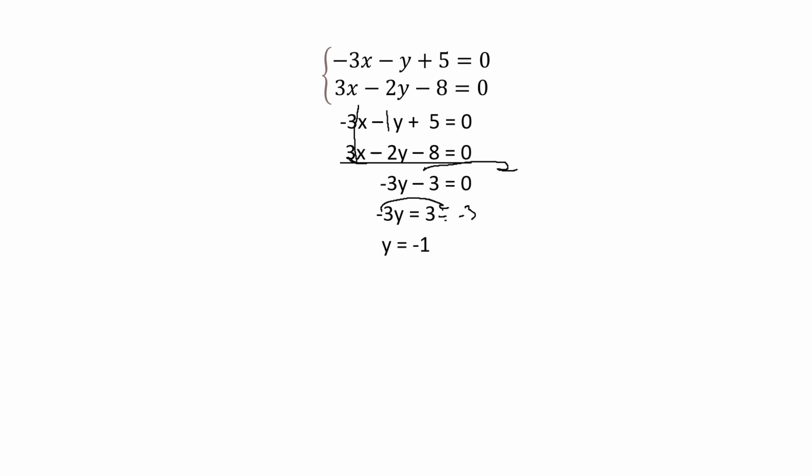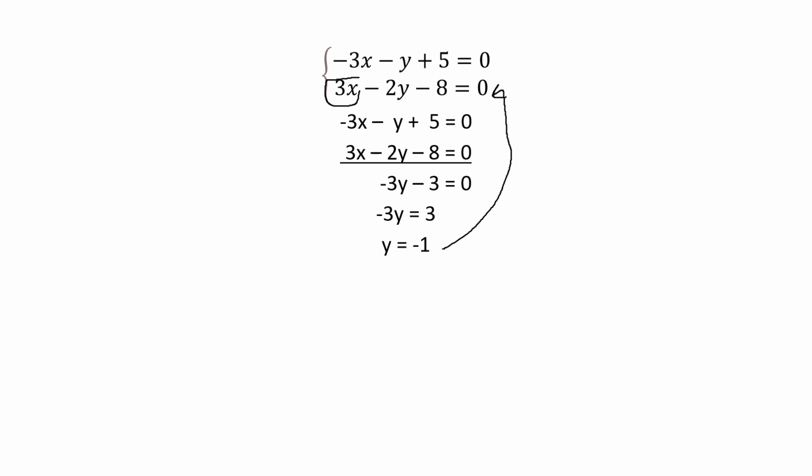Now I'm going to take that value and plug it into whichever equation I choose. I'm going to choose the bottom one because I have a positive value here for x, and I know I'm going to be solving for x. But you can plug it into either equation. When you solve it, you will end up at the same place.